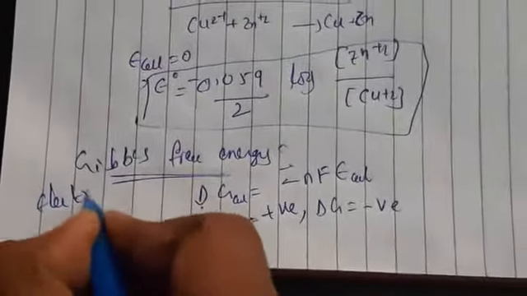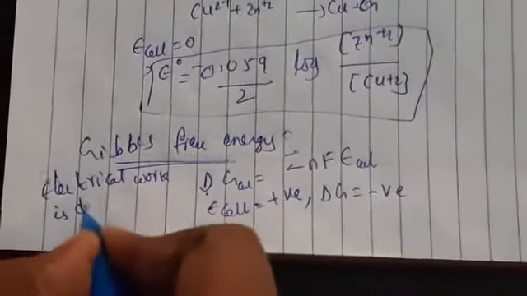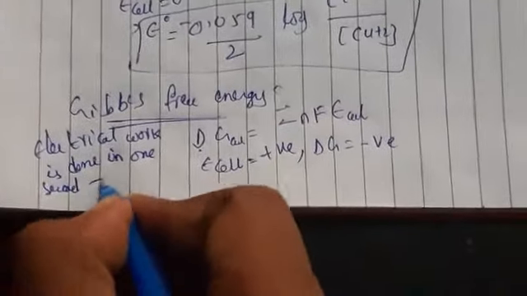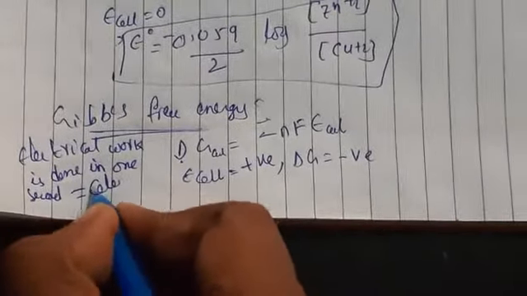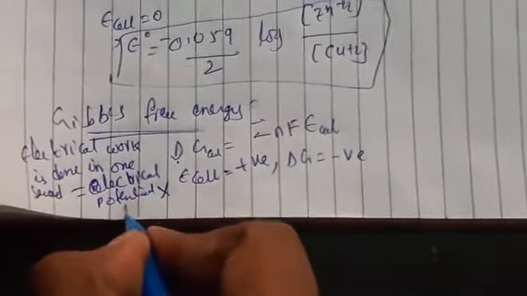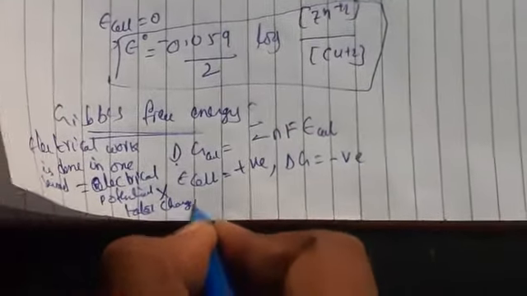Suppose the electrical work is done in 1 second. It is always equal to electrical potential into total charge passed.